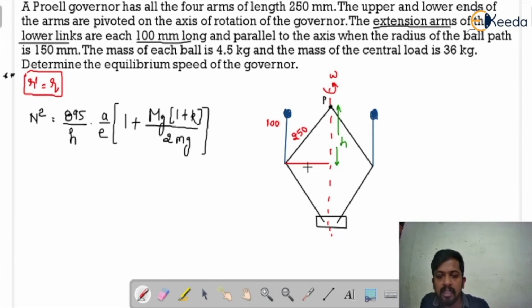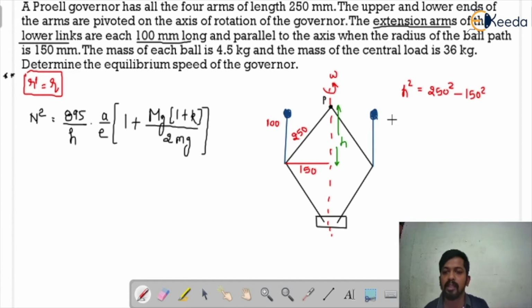Since this is the radius which is given, 150 mm, we can calculate the height of the governor easily. So how can we calculate? h square is equal to 250 square minus 150 square.